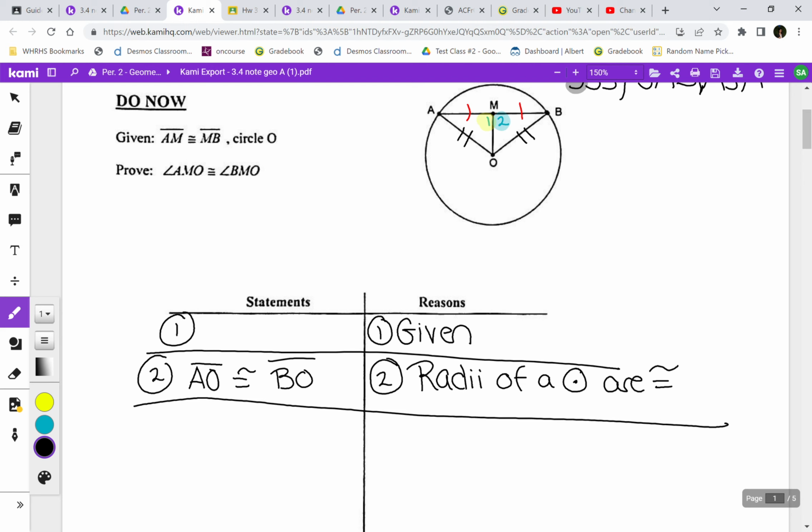In this scenario, what do we have? Reflexive. Do we all agree MO is the reflexive side here? Is it okay if you say reflexive before? Yes, absolutely. The order of the steps before you prove triangles congruent does not matter. So here we're going to say that MO is congruent to MO, reflexive.